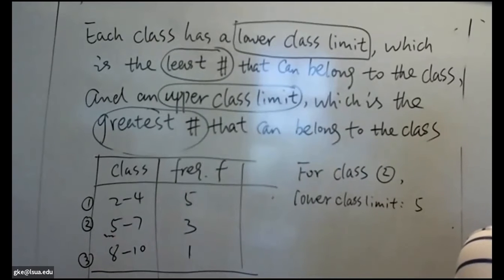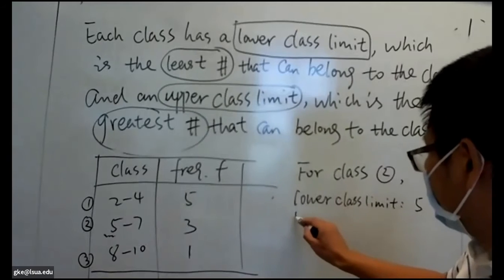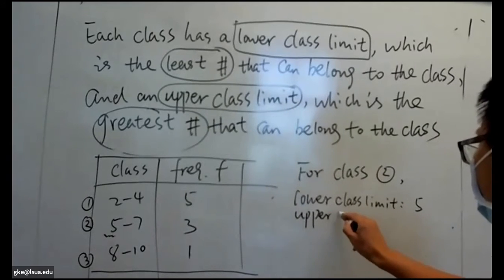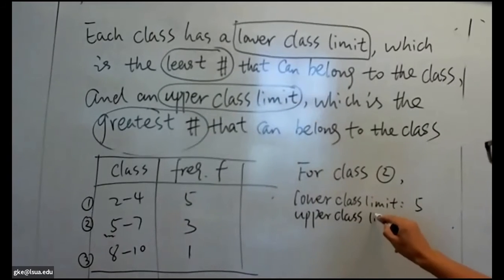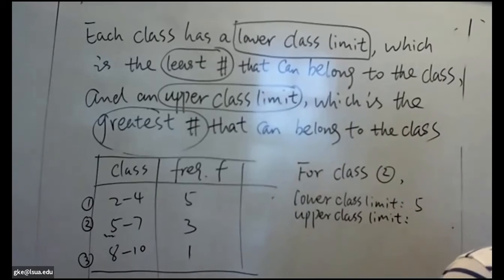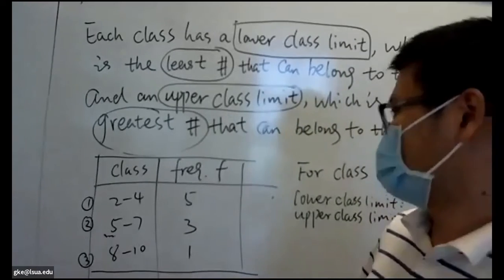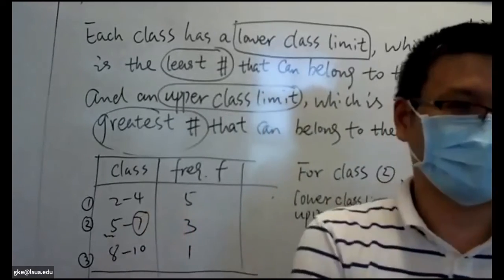Did you see it? Now, how about the upper class limit? 7. Good job. Because the greatest number is 7.